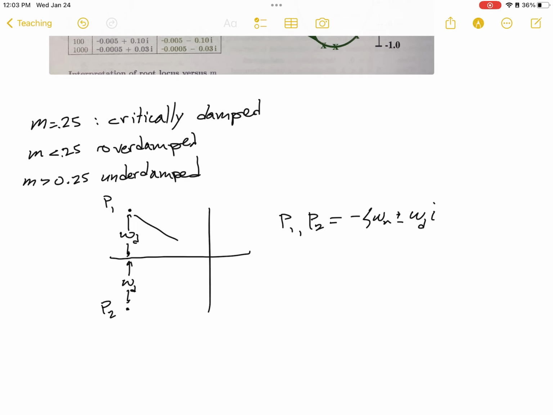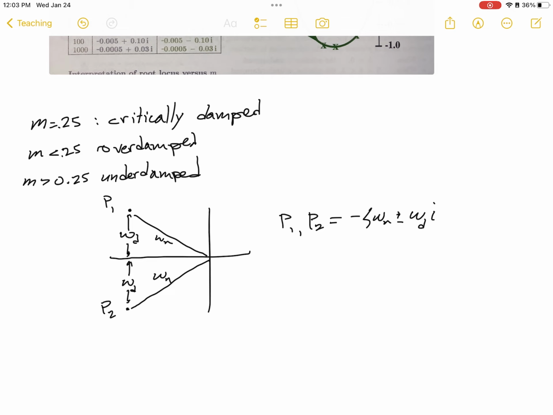This distance here from the origin to one of the poles is omega n. So again, by the same idea, if the points are going up and down, or if they're increasing in magnitude in the imaginary direction, omega n is also going to increase.